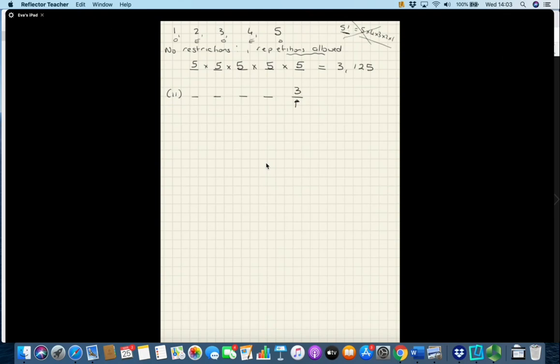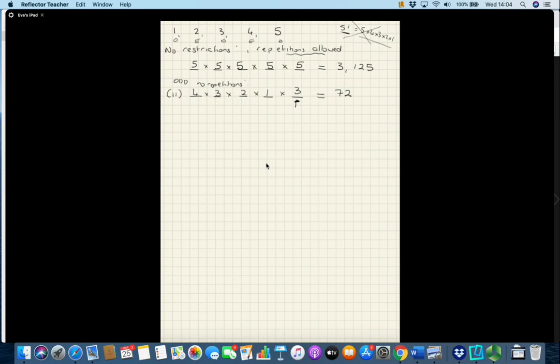So I have 3 different options for that odd number at the end. No repetitions, which means one of the numbers is already used in that location at the end. So that means I have only 4 options left for my first number, then 3 by 2 by 1. So 72 different numbers that are odd with no repetitions.